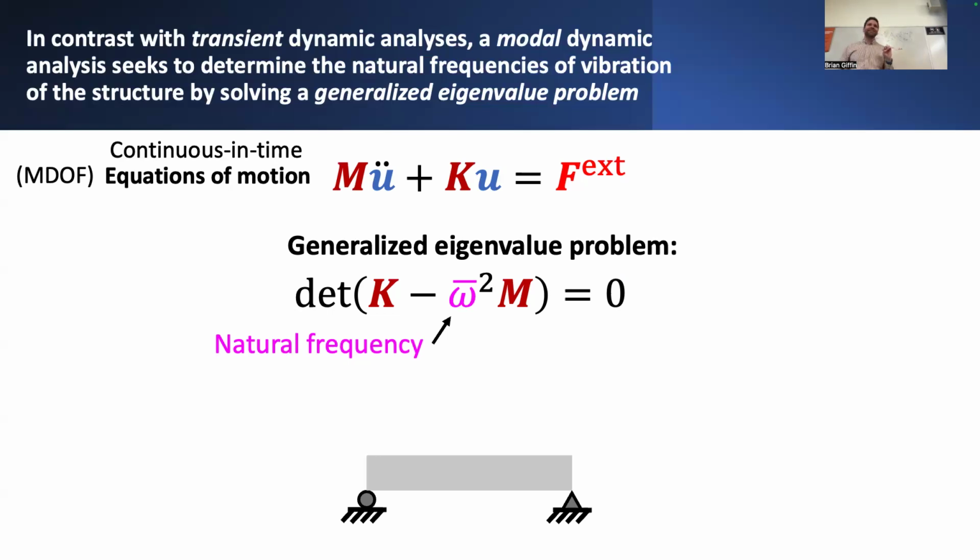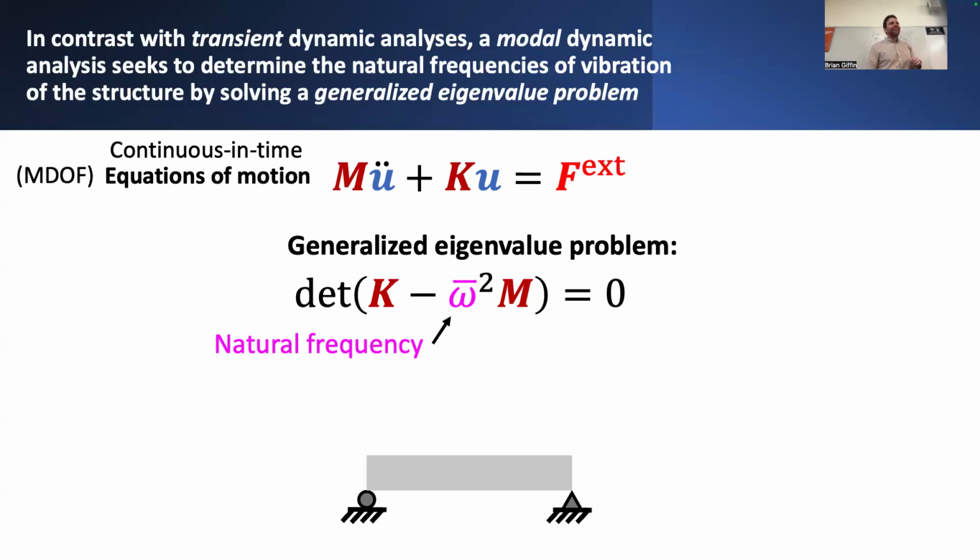And it turns out that there are multiple natural frequencies for the structure. Usually there are as many natural frequencies in the structure as you have nodes or degrees of freedom. And to determine these natural frequencies, all we have to do is solve this generalized eigenvalue problem.